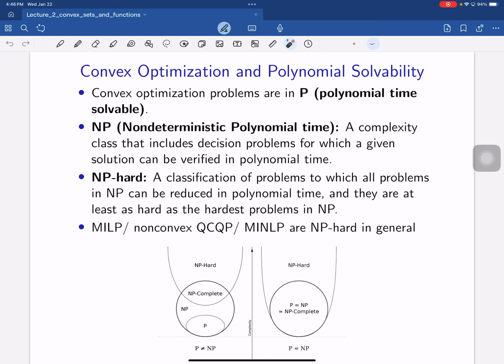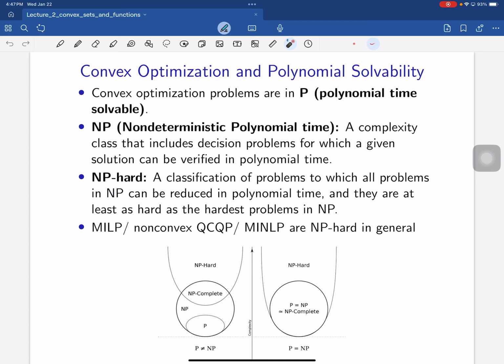In practice, you are always solving finite-size problems. Some convex optimization problems are even harder to solve than non-convex optimization problems in reality. But this is a theoretical argument for why convex problems are so special.